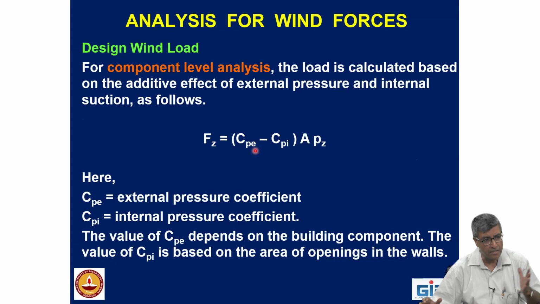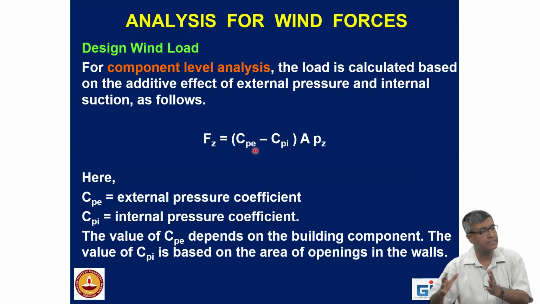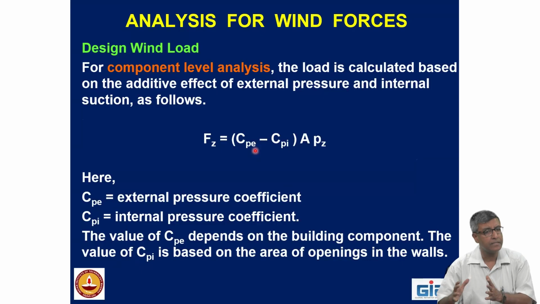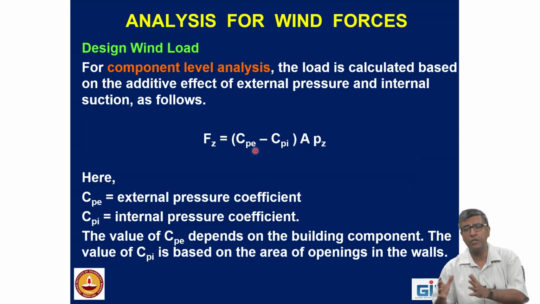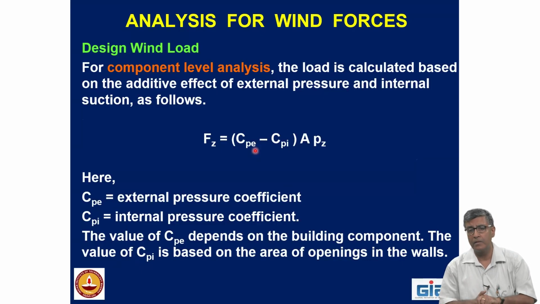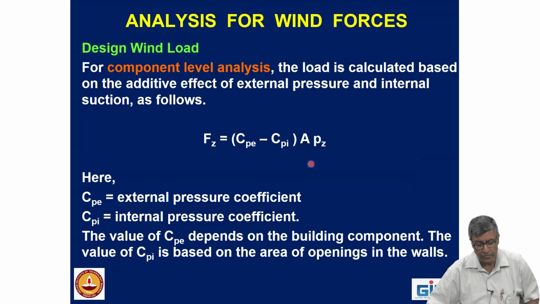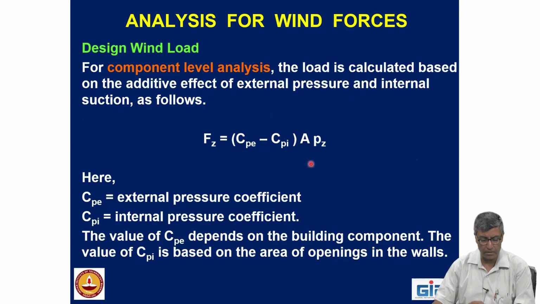That means the external effect and the internal effect are both adding to the dislodging of the component of the building. A is the area of the component, which can be a facade wall or a roof, and Pz is the pressure at the level of that component.